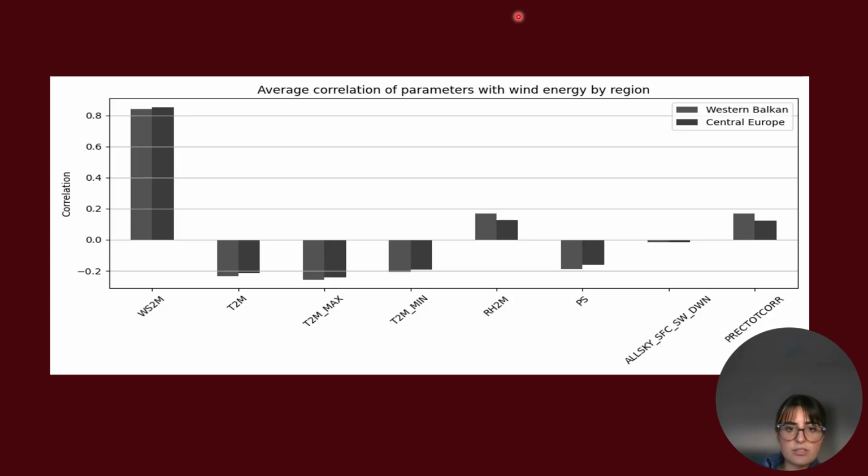Then we have humidity, which has a weak positive correlation, roughly 0.10 to 0.18, with more humidity in the Western Balkans than in Central Europe. There is no correlation in the solar radiation.